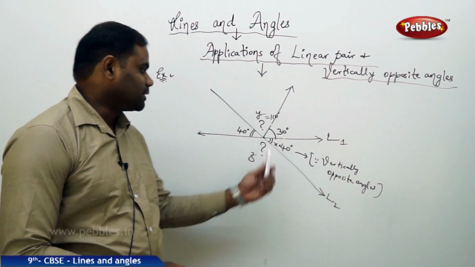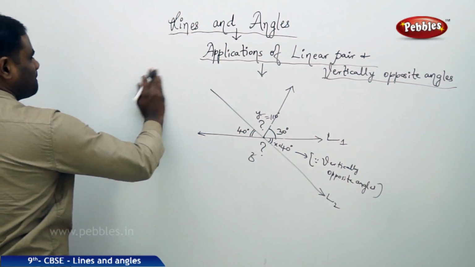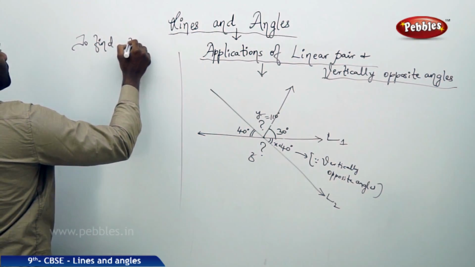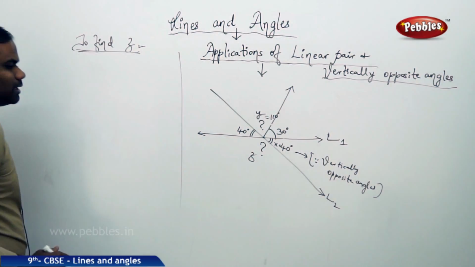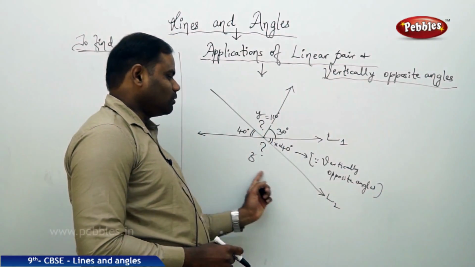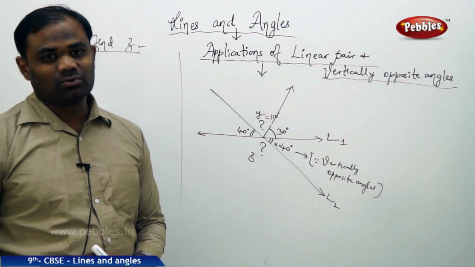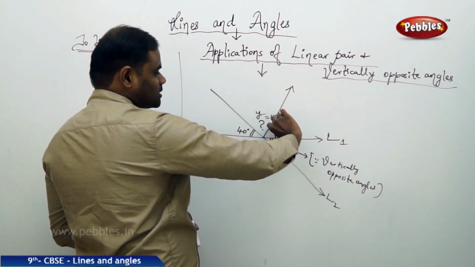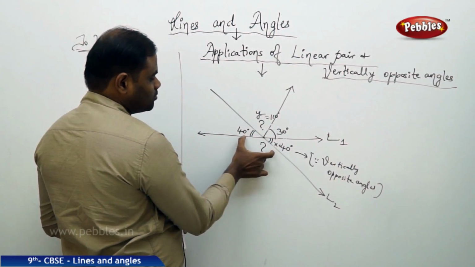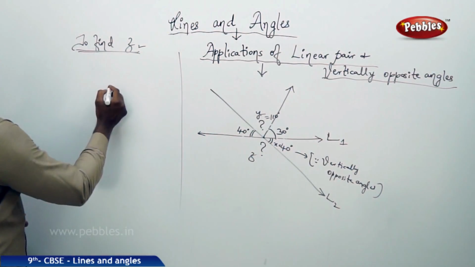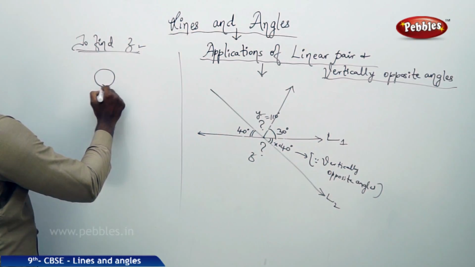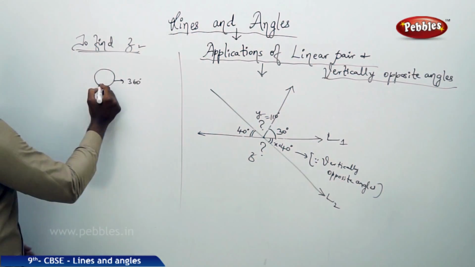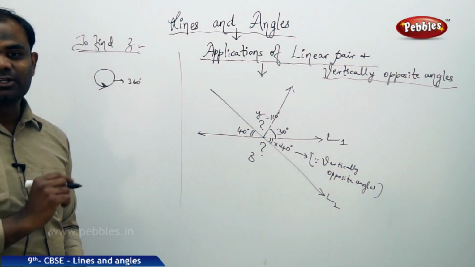To find angle z, now clearly, as I see, the sum of all the angles taken here must be equal to the circle angle, that is 360, because this angle x plus 30 degrees plus this plus this plus this forms one full circle, in which the angle in one full circle is 360 degrees. Therefore, I get the circle property coming into existence here.